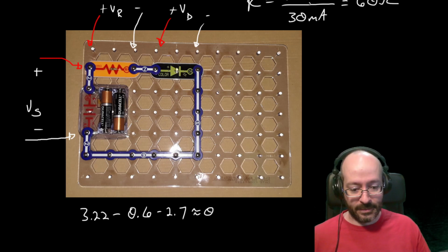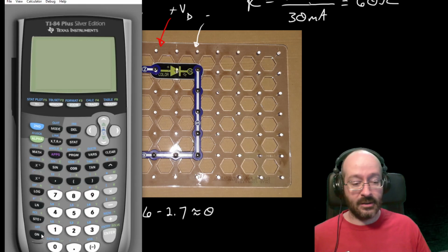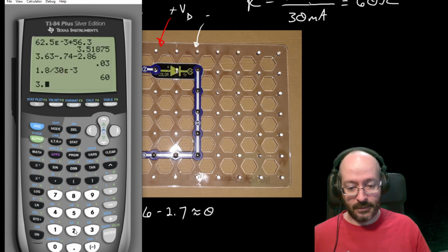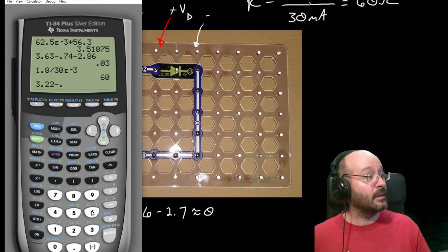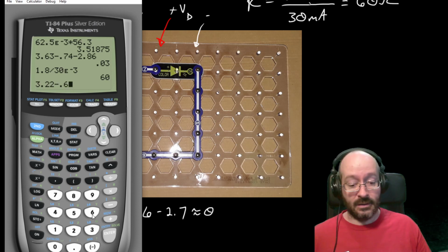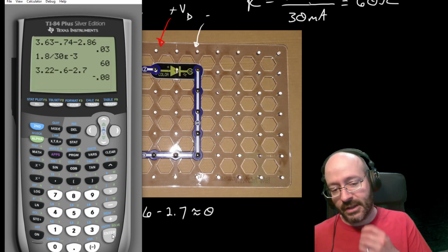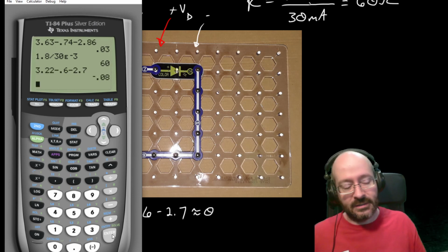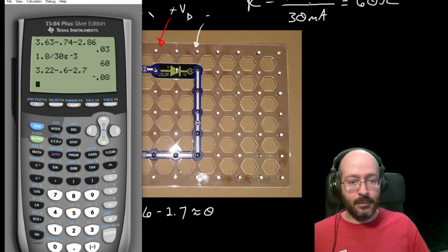So if I pull up the calculator again and I go through that, I go 3.22 minus 0.6 minus 2.7, and we should end up, yeah, pretty close, negative 0.08. So again, there's a little bit of error, but we're in good shape.